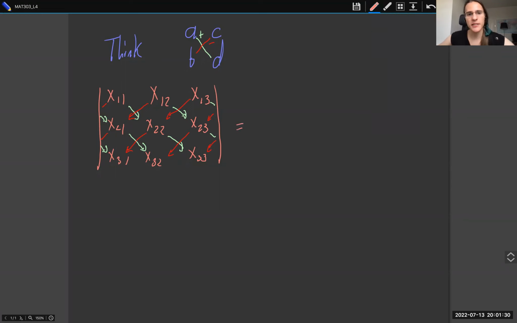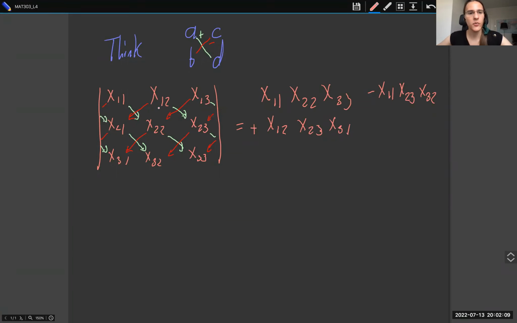And so what you get as a result is, I'm going to write it down basically once, but you remember this picture. So I'm going to write x11, x22, x33. So that's this line. And then I'm going to subtract the other thing, minus x11, x23, x32. Then here I'm going to get x12, x23, x31.